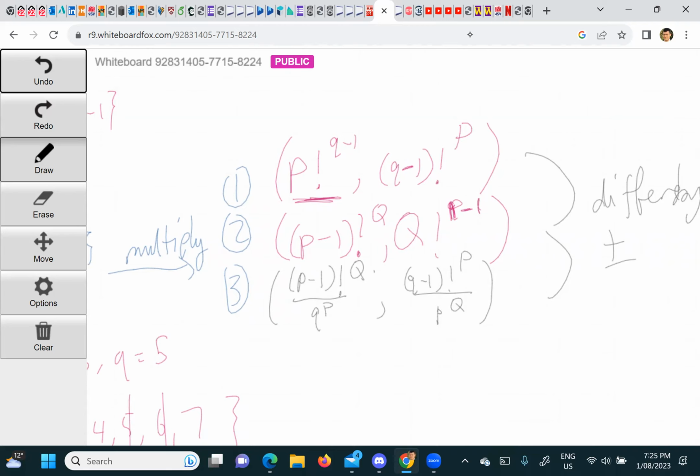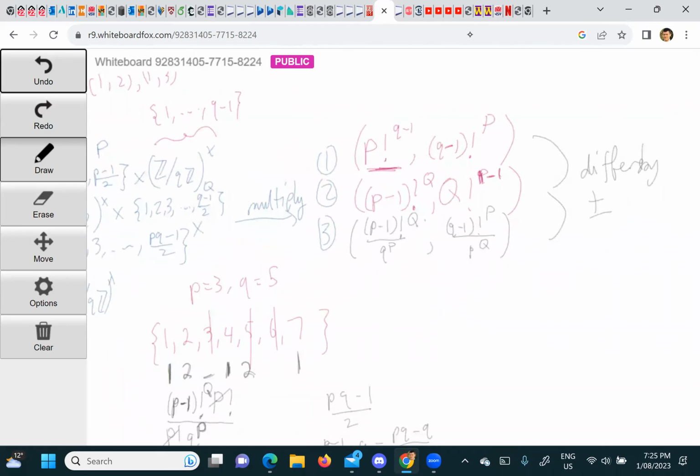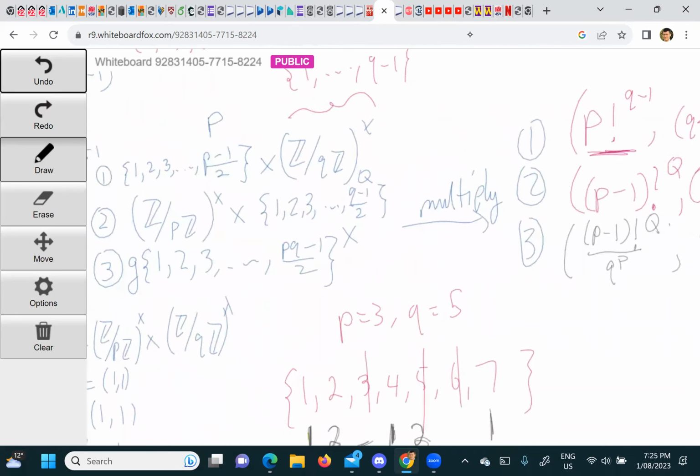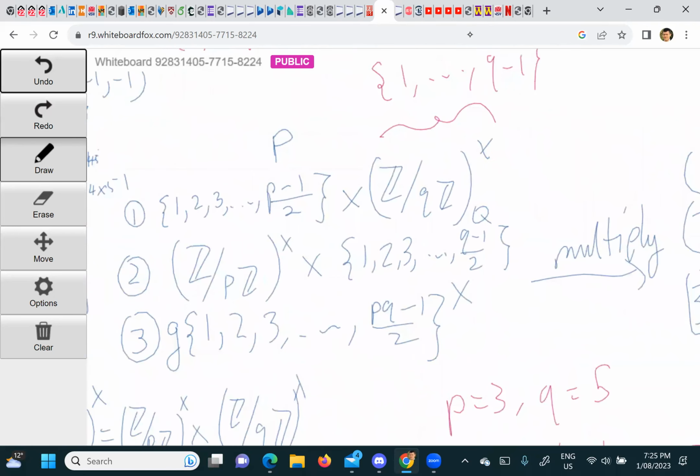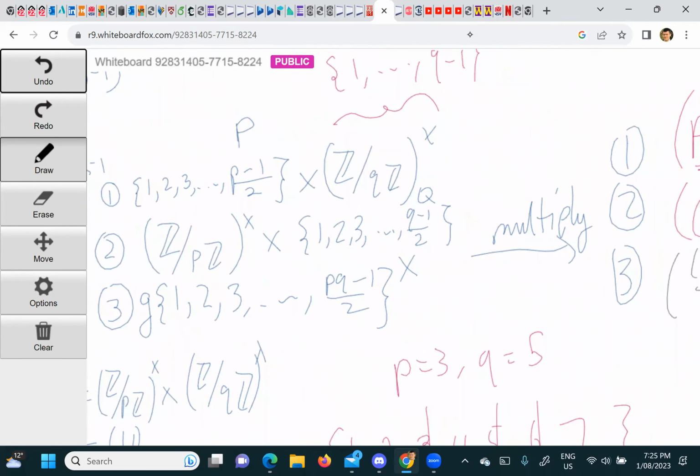So what's the sign change from 1 to 2? If you look at the sets 1 to 2, there's a subset that goes from 1, 2, 3, all the way up to p minus 1 on 2.